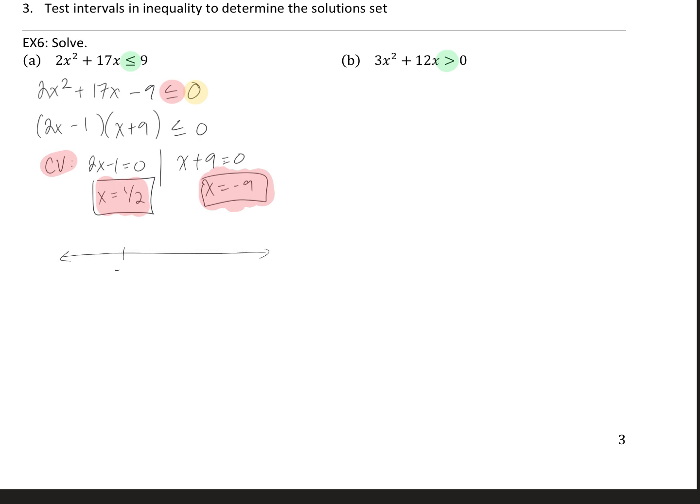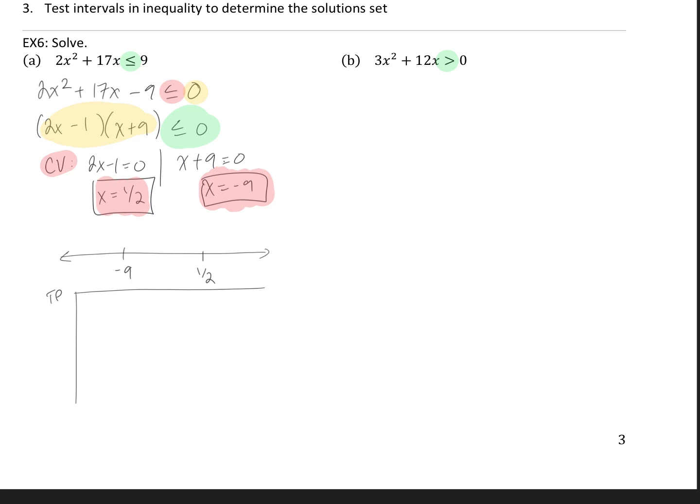And I'll show you how I set up my testing. Again, we have our critical values, -9 and 1/2, and we want to pick some test points from between the intervals. But what are we testing? We're testing the factors. Because again, we want to find what numbers, when I multiply them together with these factors, are going to be less than or equal to 0.